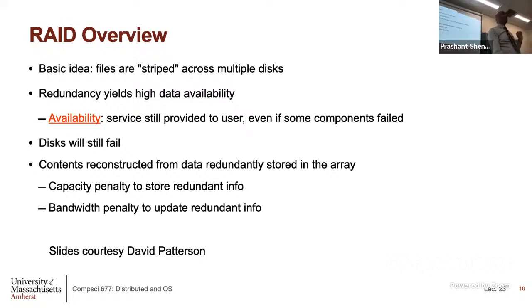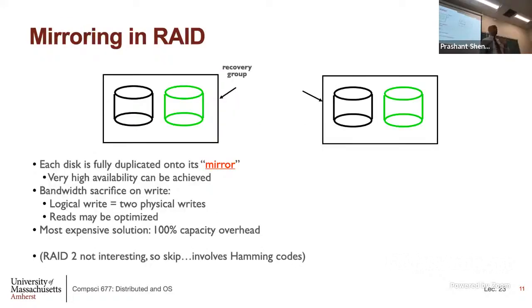So RAID level 1, what does that do? That's called mirroring, shown here. What does mirroring do? For every disk in the system, I'm going to create a backup disk. So essentially, every block is stored in two places: on a primary disk and on a secondary disk.